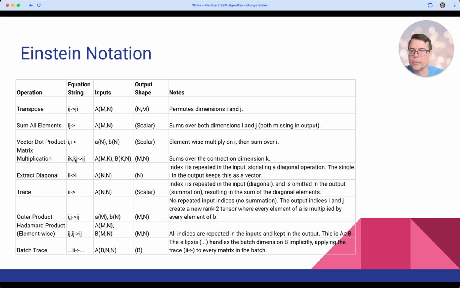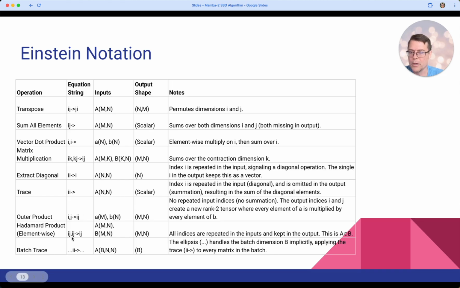So here's an example of matrix multiply. You can see the repeated k, so it's saying, hey, match up the k's and multiply them together and add them, and you're still going to have two dimensions, the i and the j, but you've contracted along the k dimension. And there's more stuff in here. You can extract diagonals and do all kinds of fancy stuff.